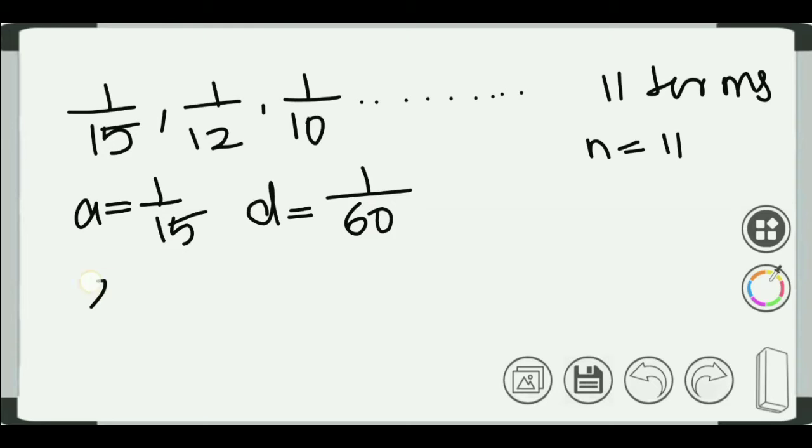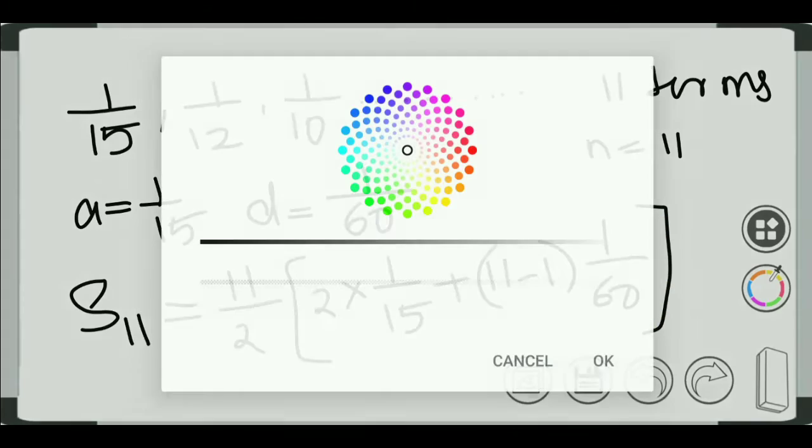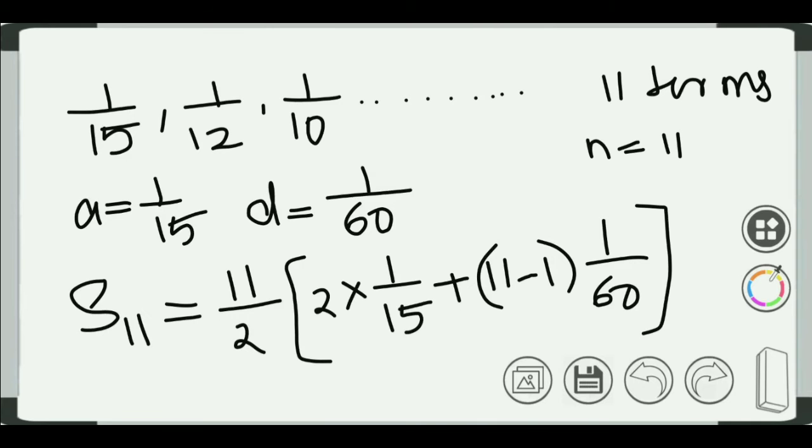Now substitute in the Sn value. S11 is equal to 11 by 2 into 2a, that is 2 into 1 by 15, plus n minus 1, that is 11 minus 1, into D, which is 1 by 60. 2 into 1 by 15 I can write as 2 by 15. 11 minus 1 is 10, so 10 by 60.